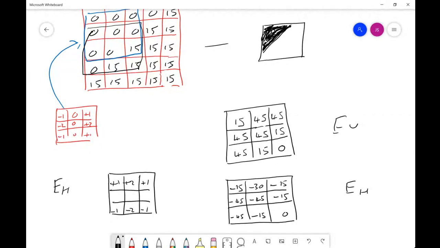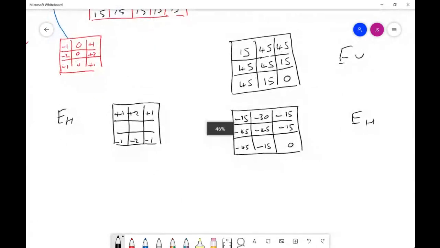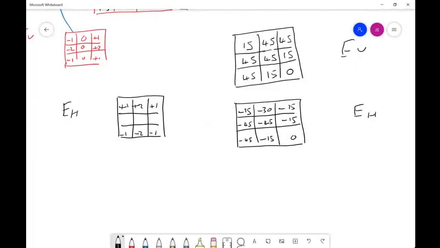Okay. We now need to combine them. And we have E, the total. We can either use Pythagoras, or usually in exams, follow the rule, keep it simple if possible. The simpler one is the sum of moduli, EV plus EH.